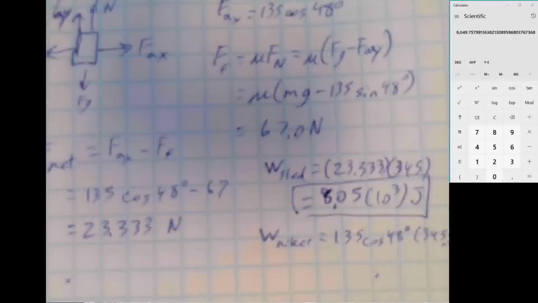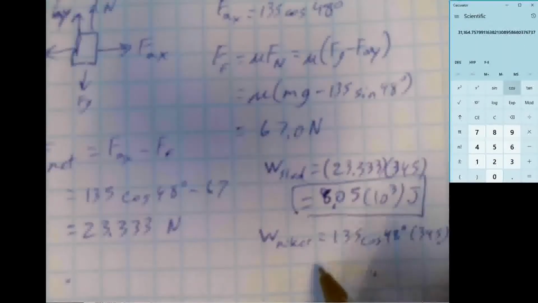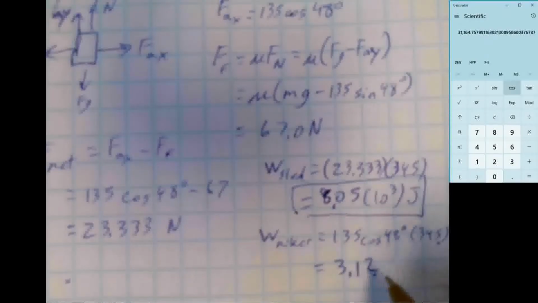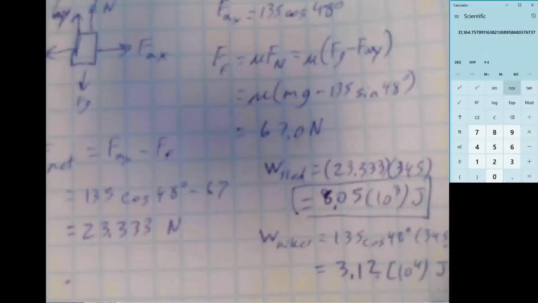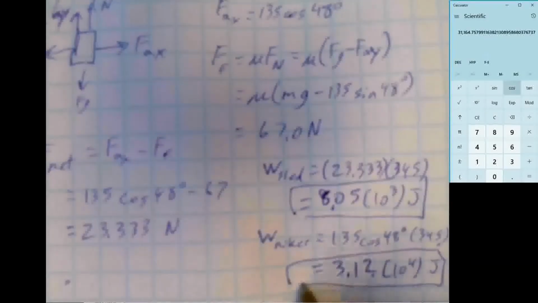So let me just get the calculator here, 135 times 48 cosine times 345. And I'll round this to 3.12 times 10 to the 4 joules. That's the work of the hiker.